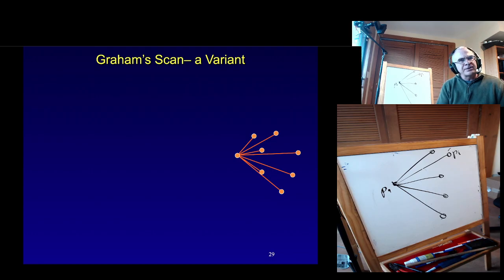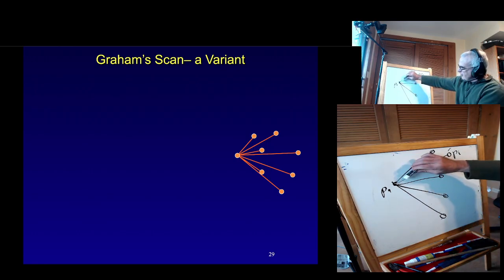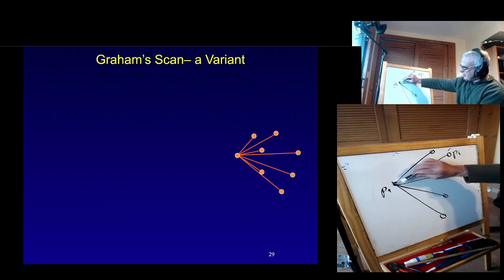How do I compute this order, people? We said that we hate division operation. I need to sort all the points, and I can compute the exact angle of each one of these lines.